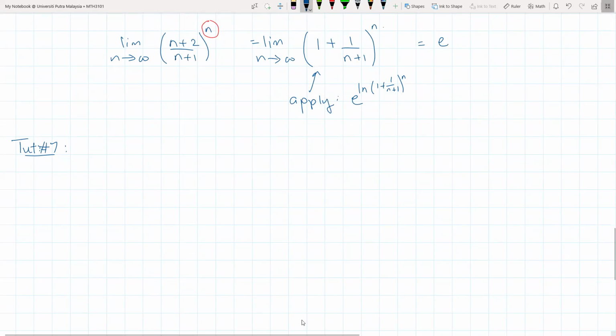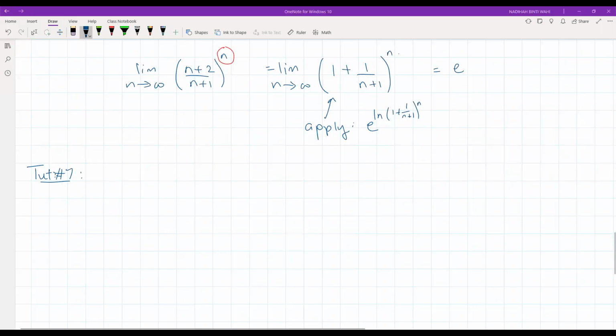Let me see. Okay, most of the questions are about gradients, and then extremum, local extremum, absolute extremum. So I think you can try that.